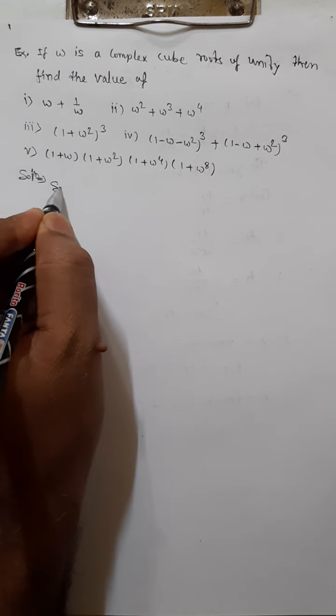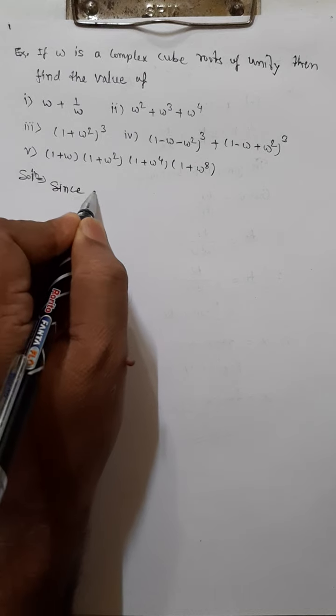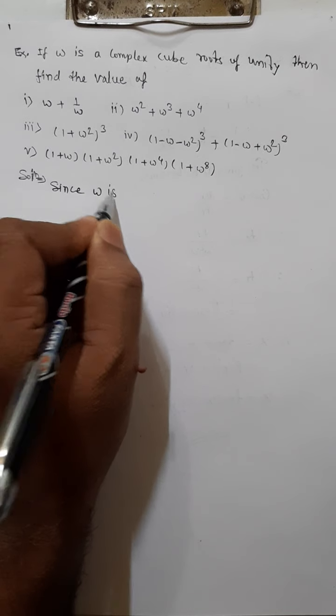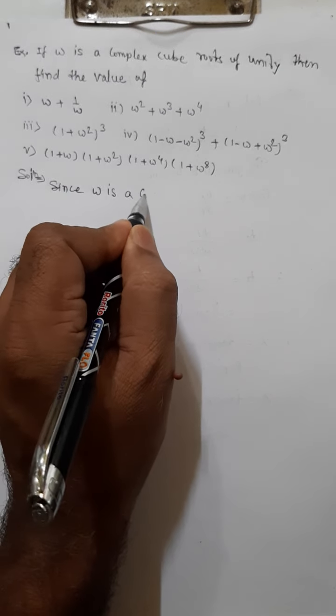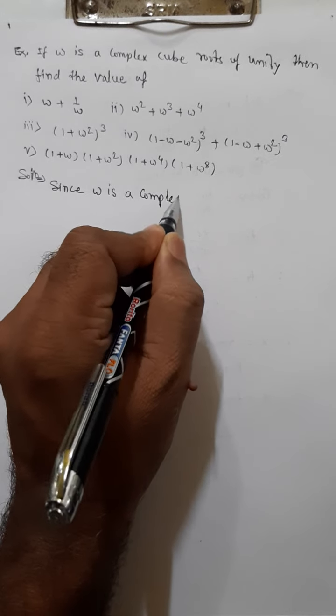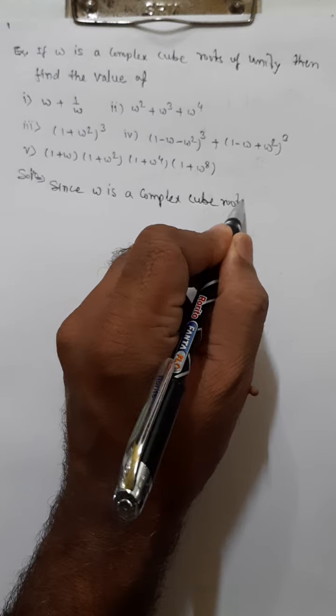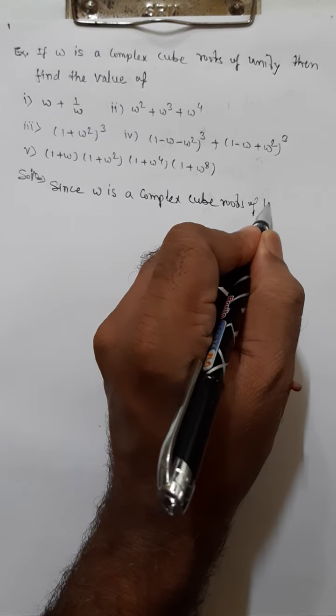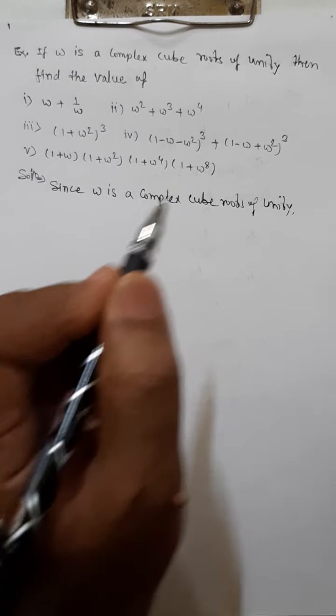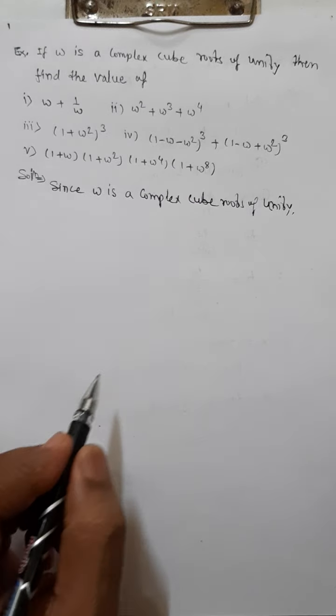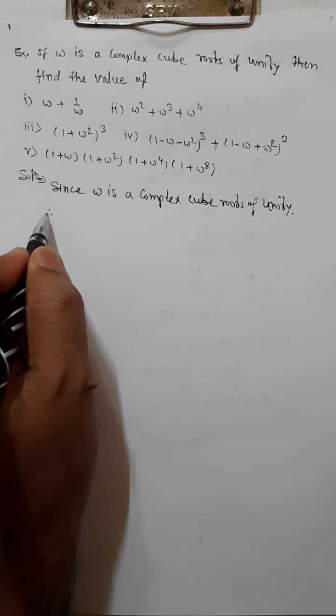First, write given: omega is a complex cube roots of unity. So when omega is a complex cube roots of unity, we know two important results.